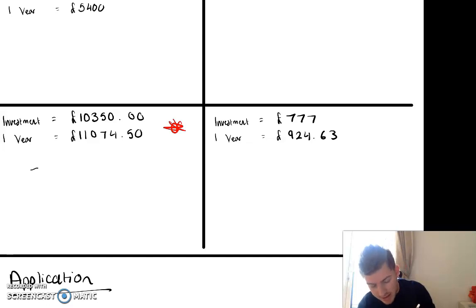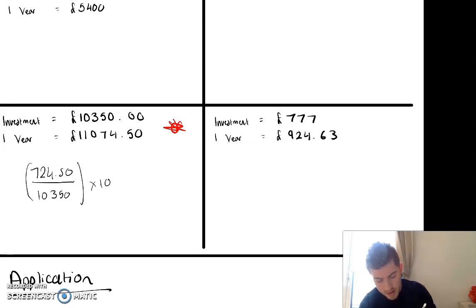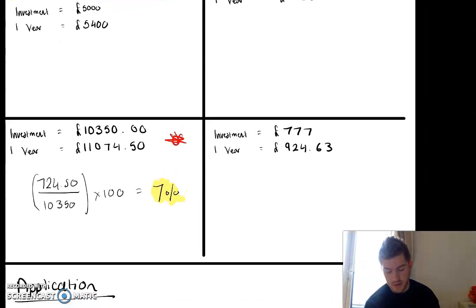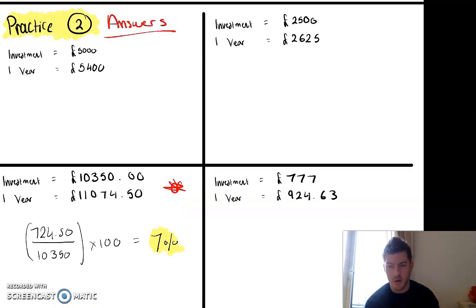So you've gained 724.50 in a year over your original amount. Times that by 100. So on your calculator, times that by 100, you've gained a lovely 7%. So that's a help there. So same thing for the rest of them. Find the change over the original amount.